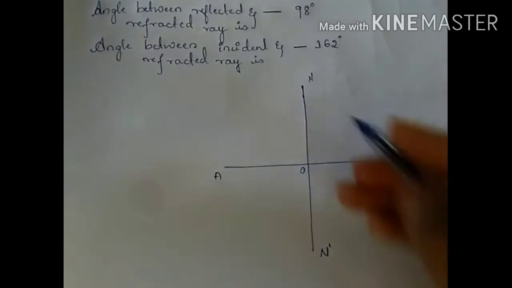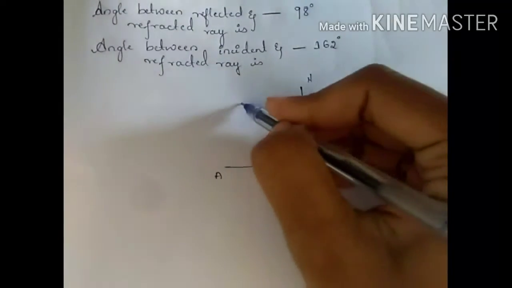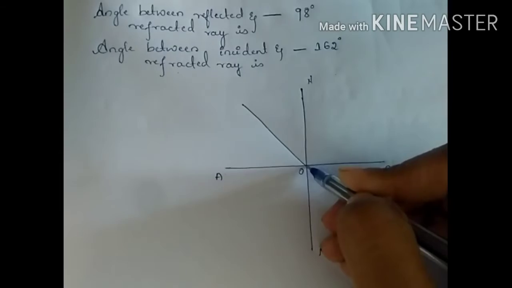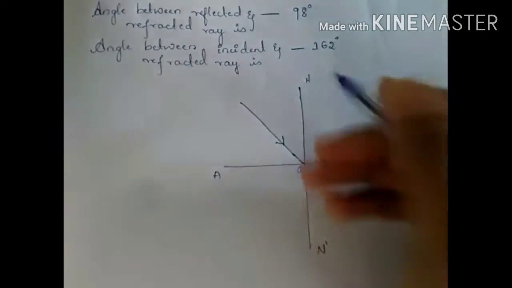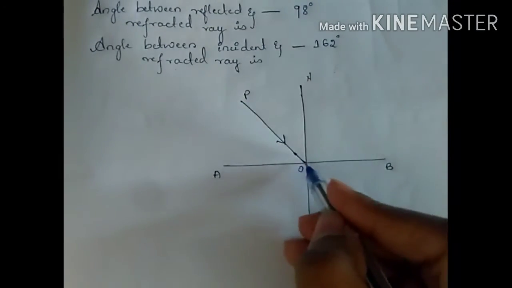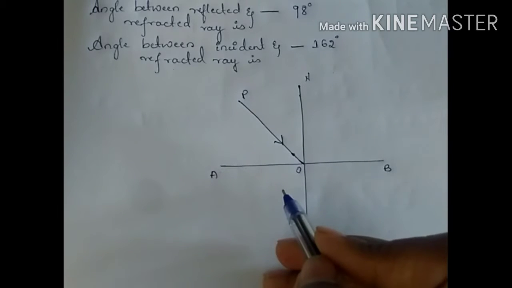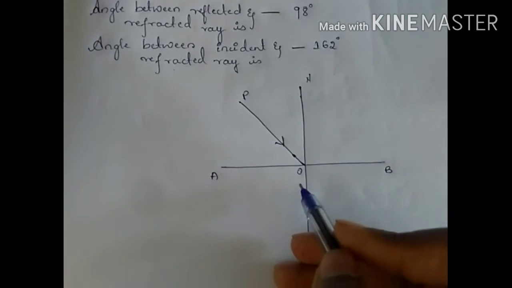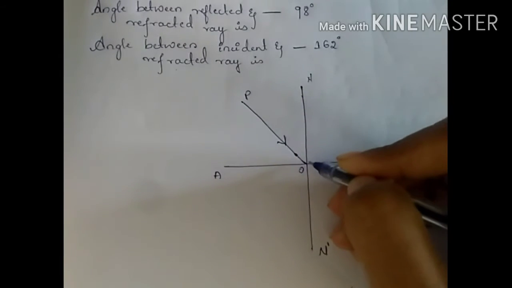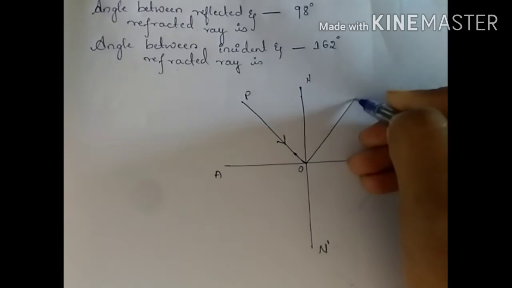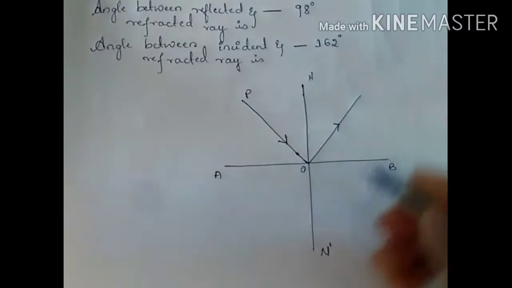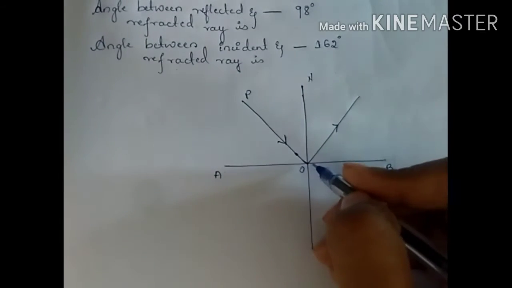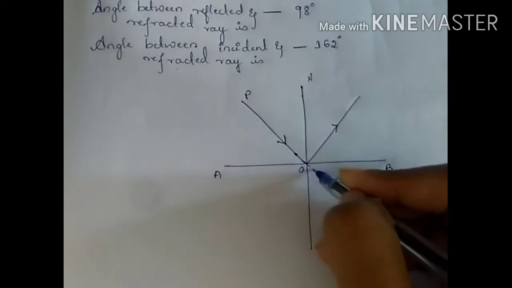Now the incident ray PO is incident at the liquid surface. Now this ray will partially get reflected and partially get refracted.